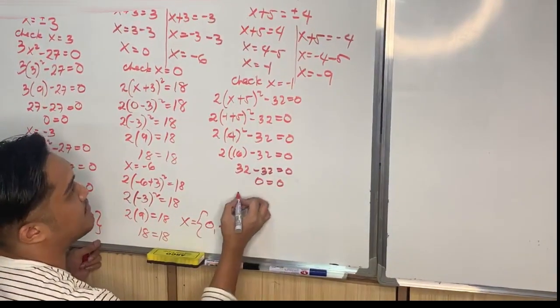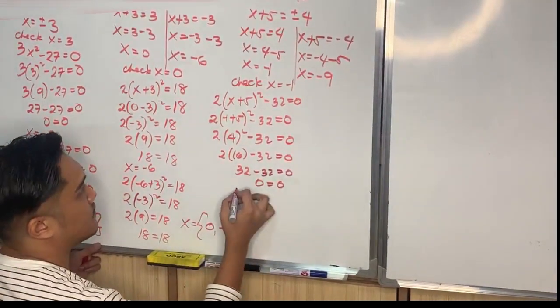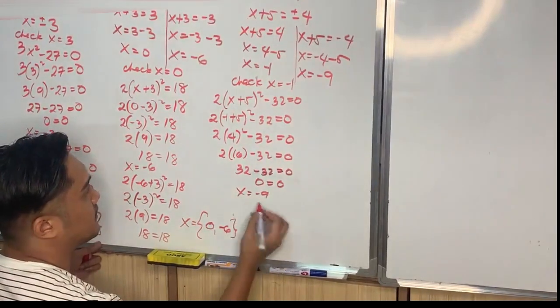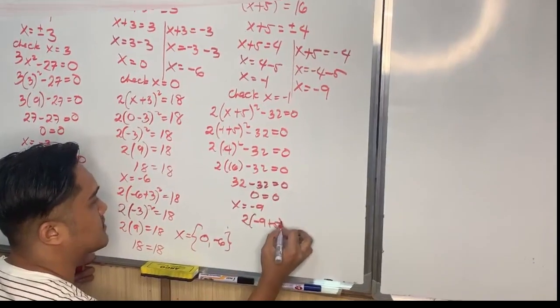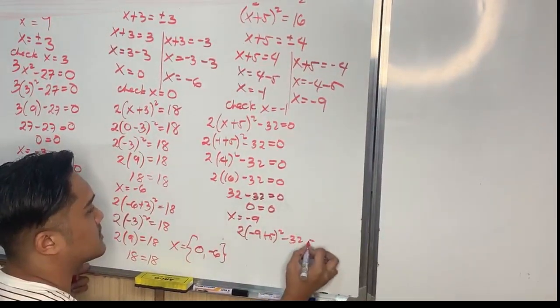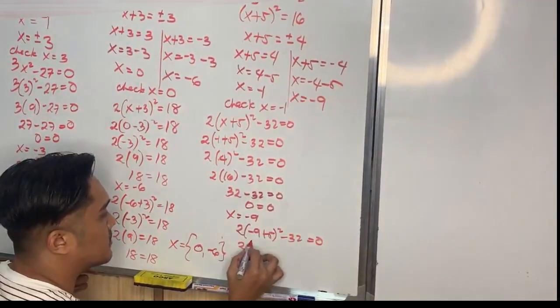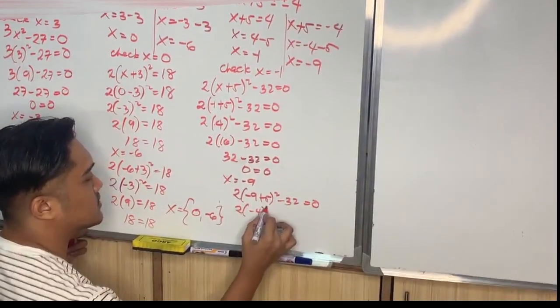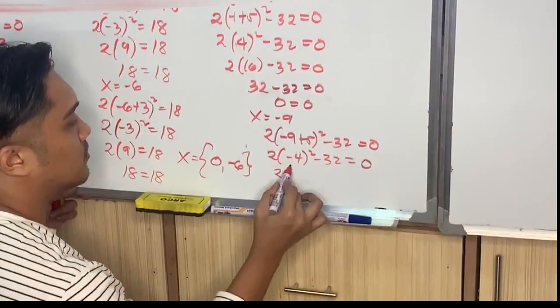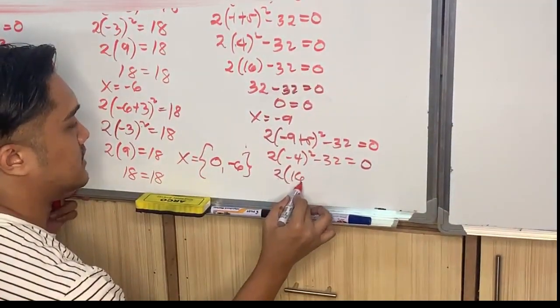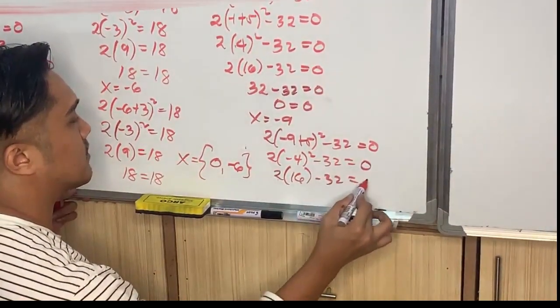And then, yung isa naman, for x equals negative 9. So 2 times negative 9 plus 5 squared minus 32 is equal to 0. 2 times negative 4 squared minus 32 is equal to 0. 2 times 16 minus 32 is equal to 0.